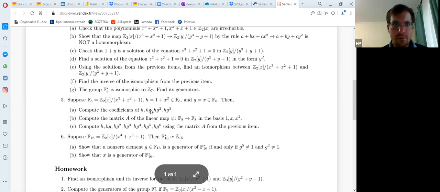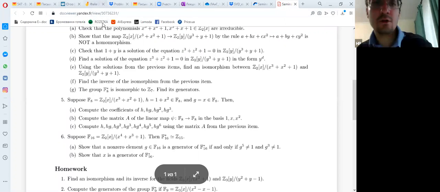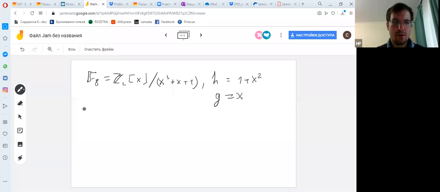We want to compute the coefficients of H, Hg, Hg squared, and Hg cubed.